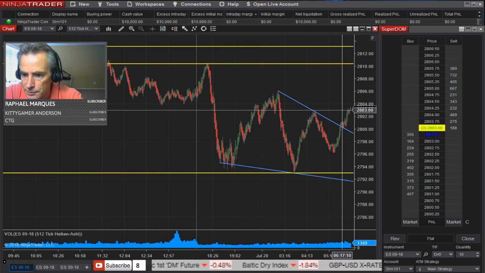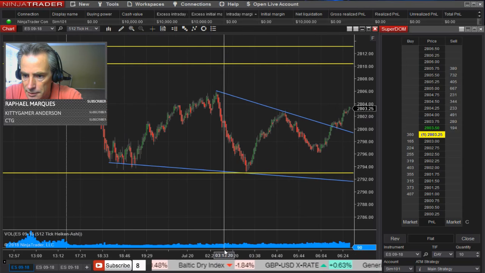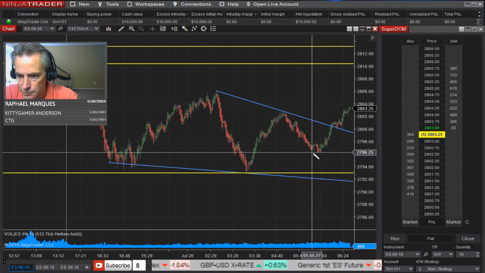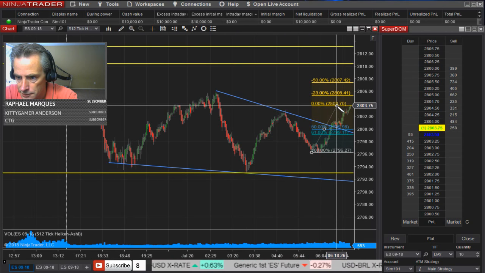And it did break above that high, so we're looking for a long trade here.